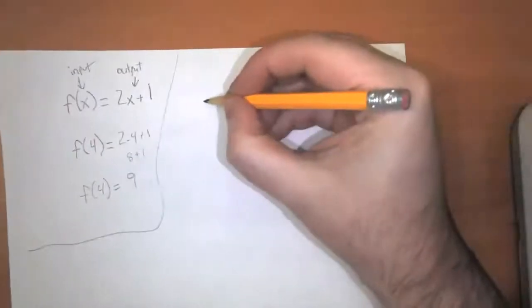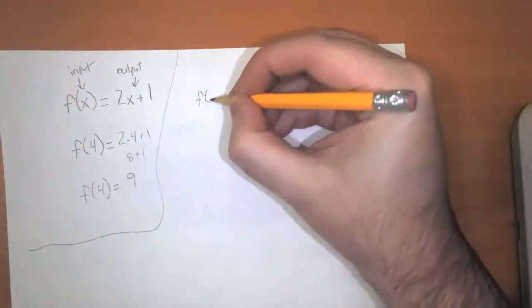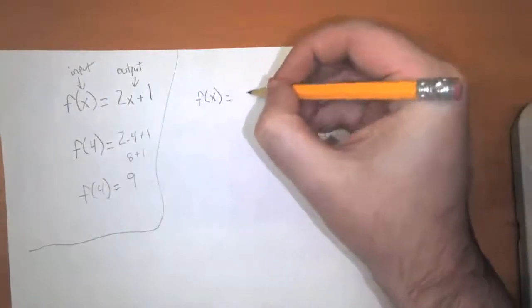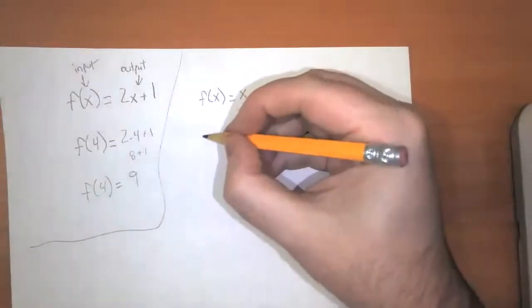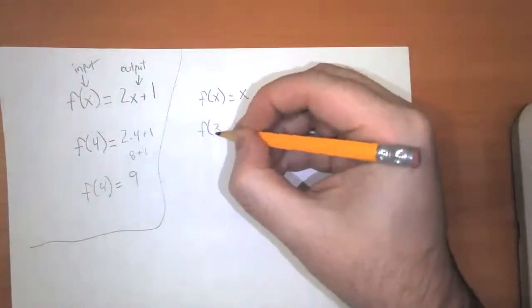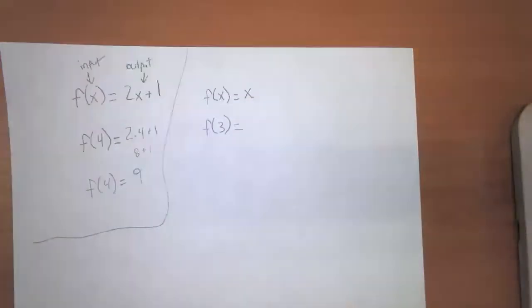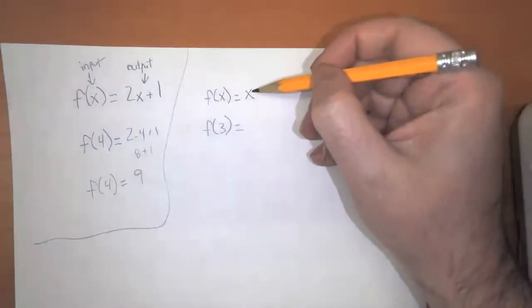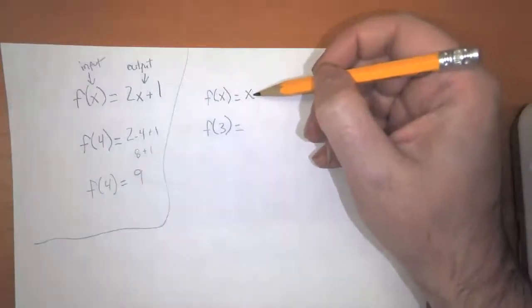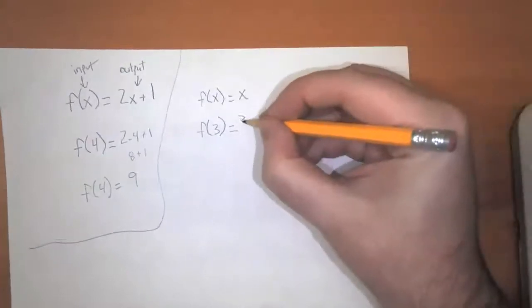Let's take a look at another example. Let me decide over here that f of x is equal to x. All right, so what is f of 3 equal to? Again, you're going to do the same thing. You're just going to substitute 3 in for x in this expression. In this case, there's no arithmetic to do at all. Your output is just 3.